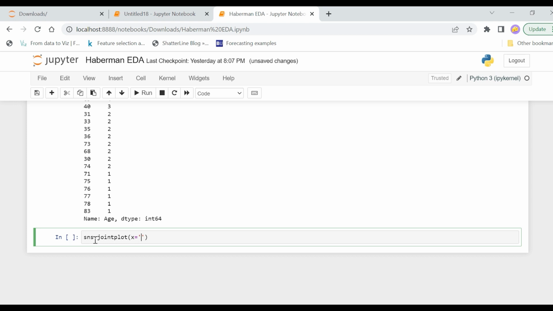So here I can write x as age, then y as survival, sorry, nodes. Data is equal to df.